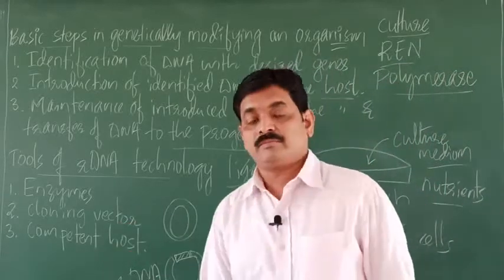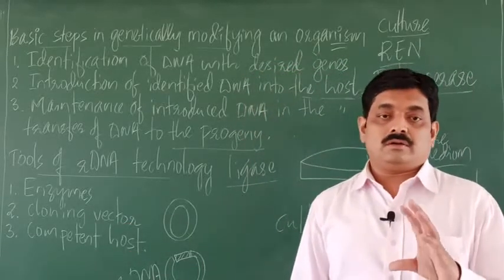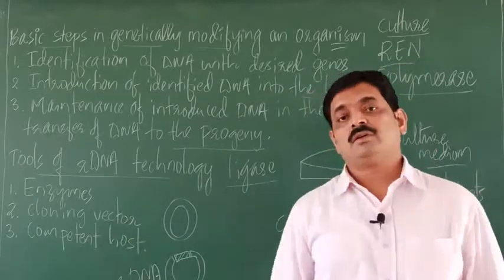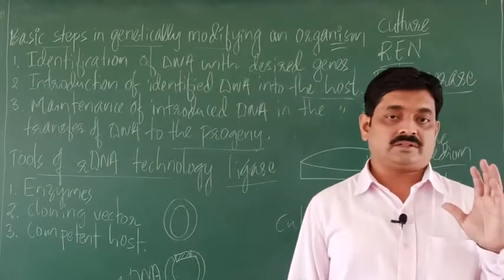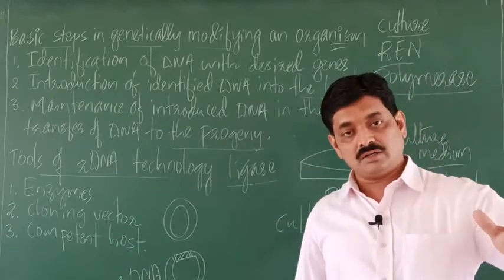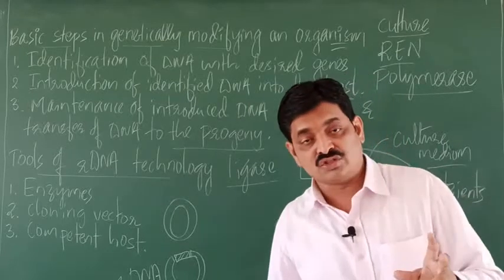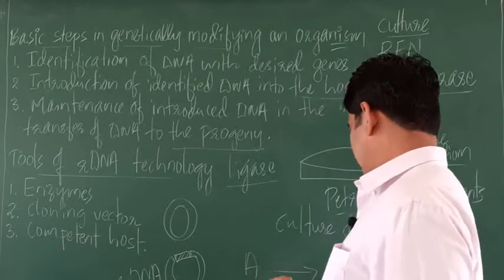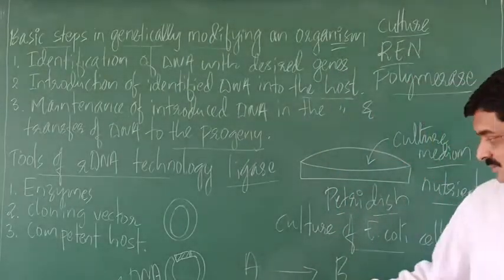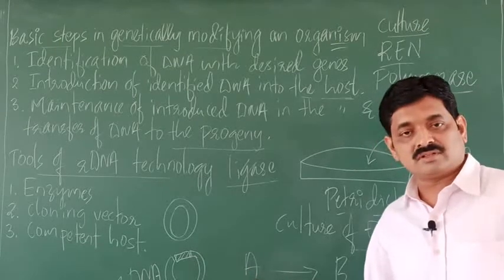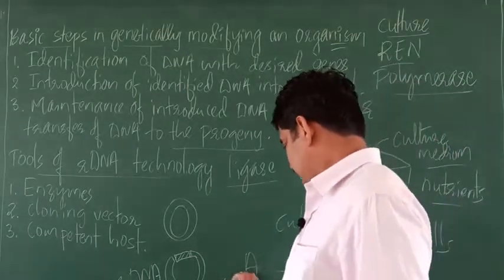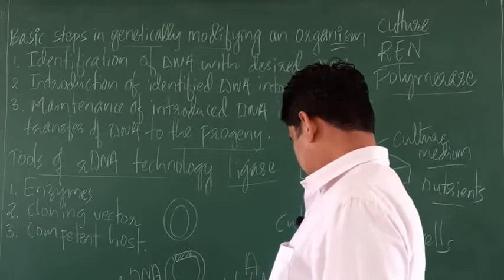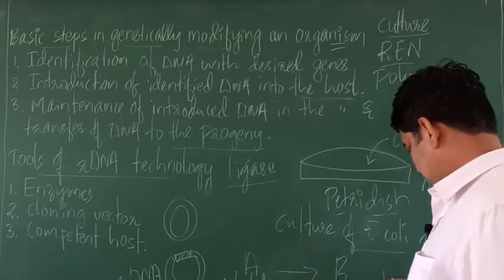Then cloning vector. The vector which is used in gene cloning is called a cloning vector. What is this vector? Vector is a vehicle to transfer the desired gene from here to here. This is the selected organism, and this is the host.